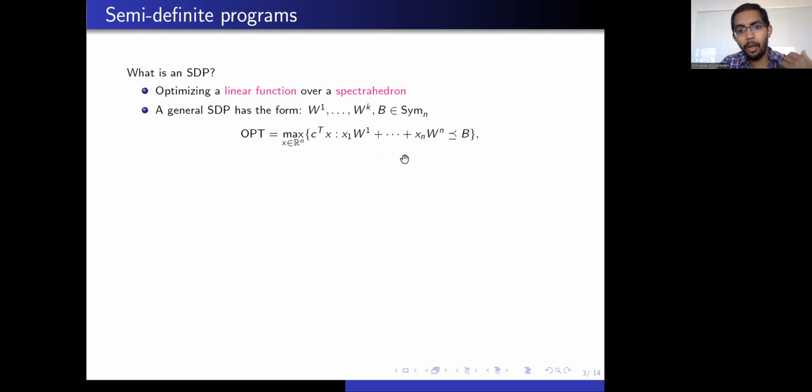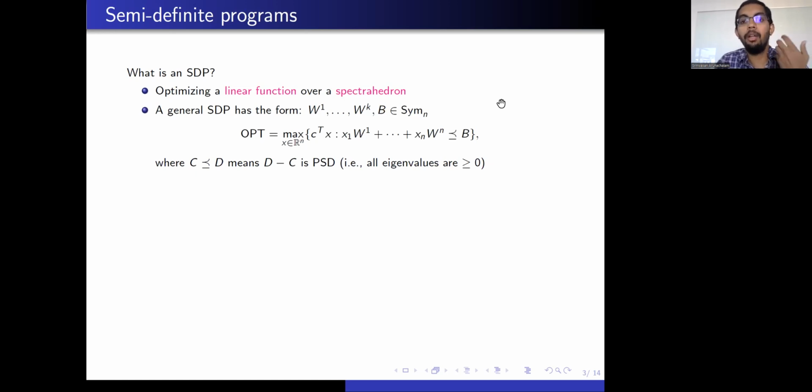Recall X is a bit string, so each Xi is just a real number, and capital Wi is a matrix. The summation of Xi Wi is at most B. By at most, I mean the Loewner ordering. That is, the right-hand side minus the left-hand side is positive semi-definite, which means all the eigenvalues are non-negative.